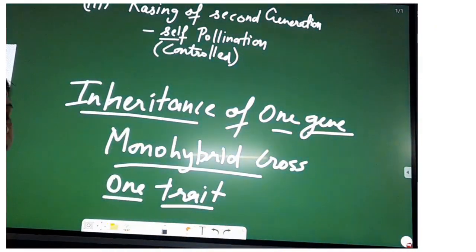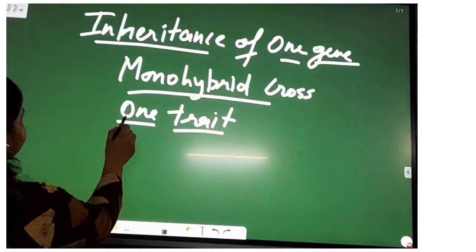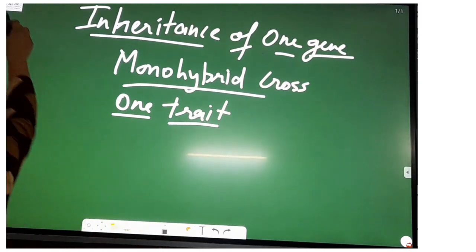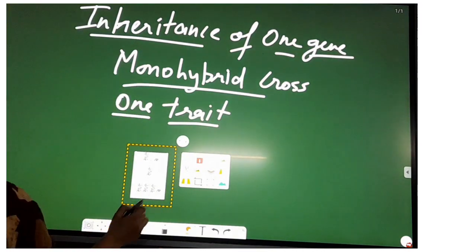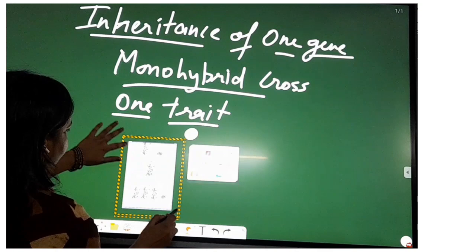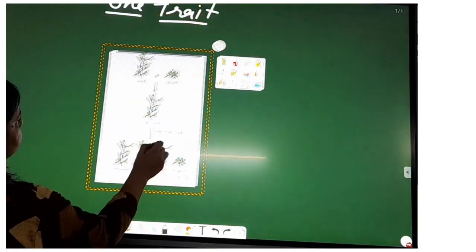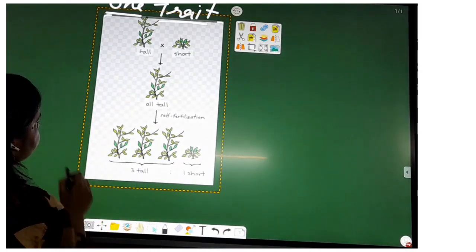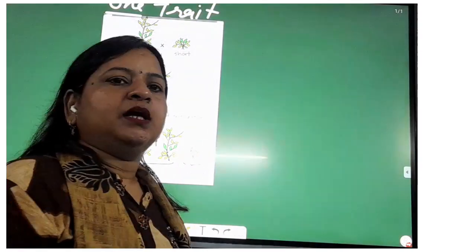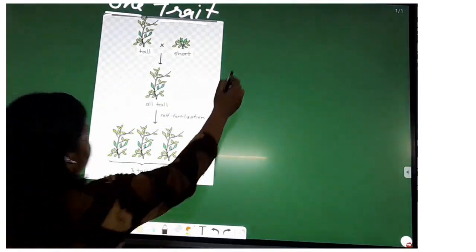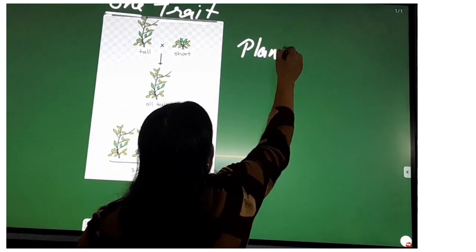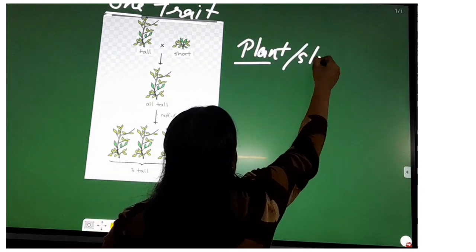So first of all, he took the character as plant or stem height.